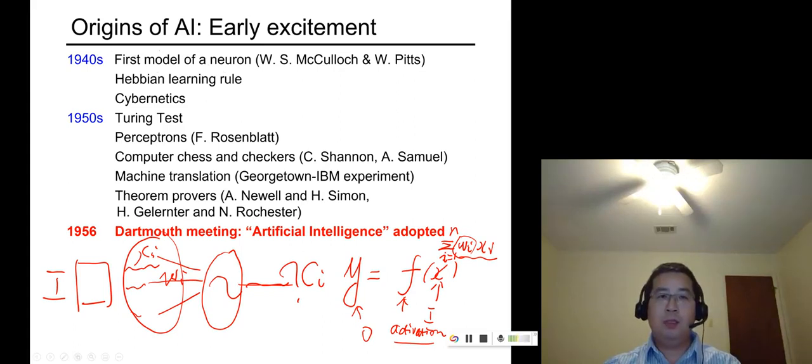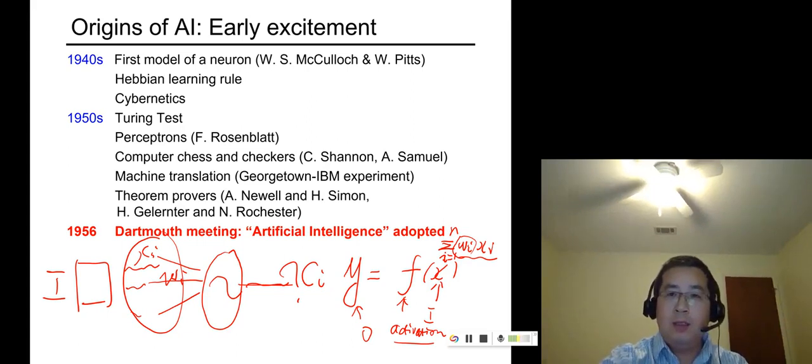Here we only have one neuron. In neural networks, we have a list of neurons, and then they will be connected to each other, later we'll talk about it, based on these weights. We need to learn.